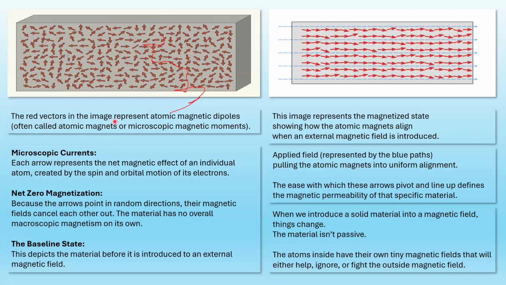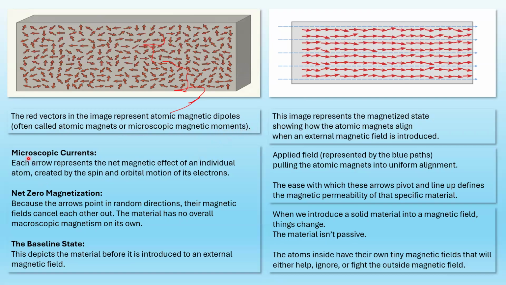The red vectors in the image represent atomic magnetic dipoles. All the atoms act as mini magnets which have dipoles, which means they have north and south. They are often called atomic magnets or microscopic magnetic moments.